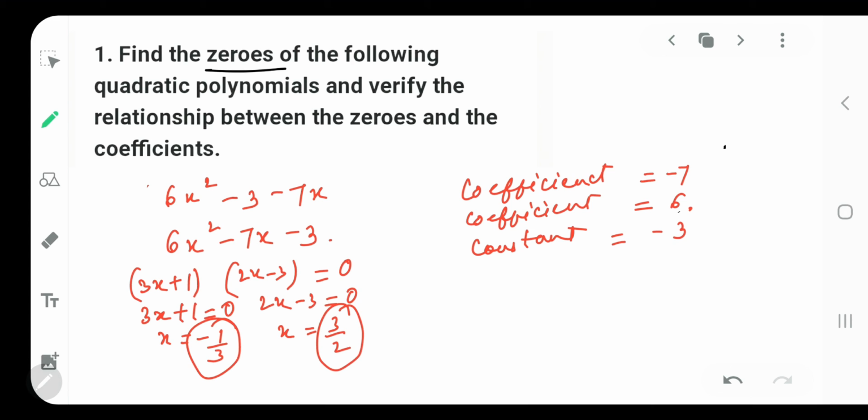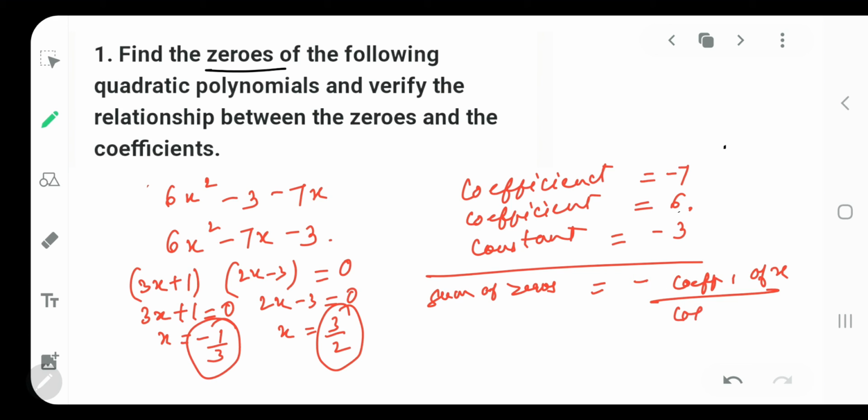And what formula did I give you? I gave you sum of zeros should be equal to minus coefficient of x upon coefficient of x square. So sum of zeros, this is your left hand side, this is your right hand side. And the answers for both should be equal to verify the relationship.